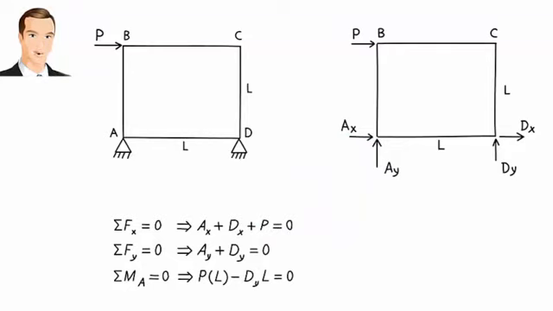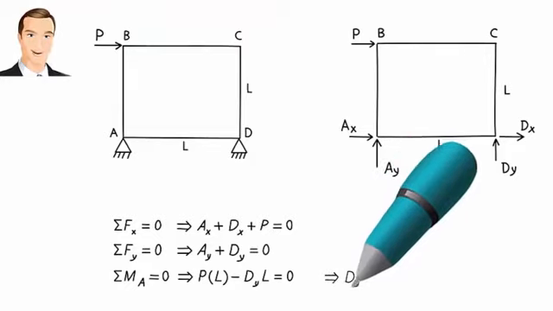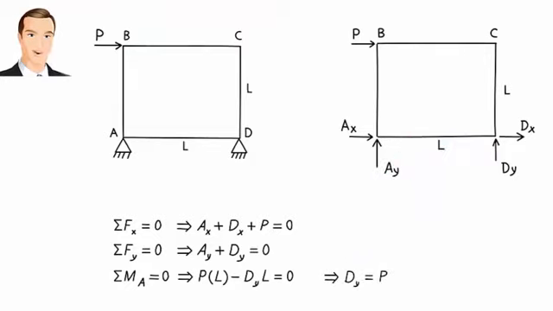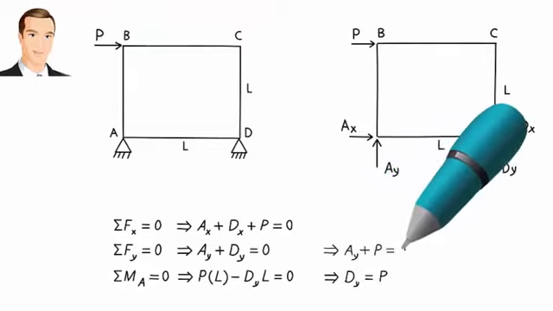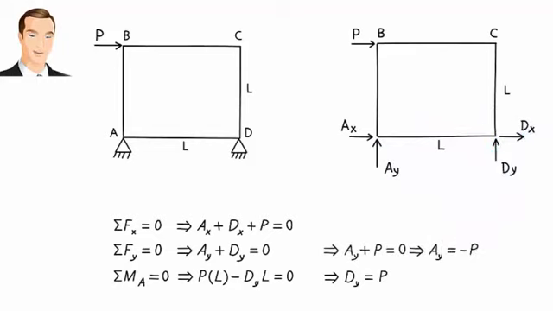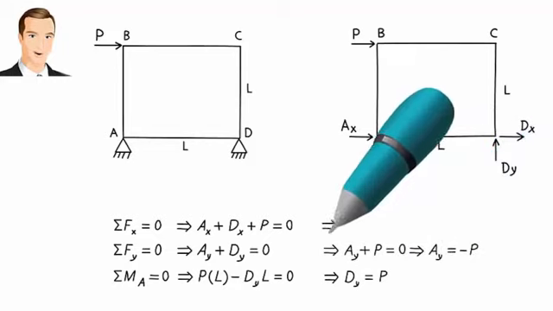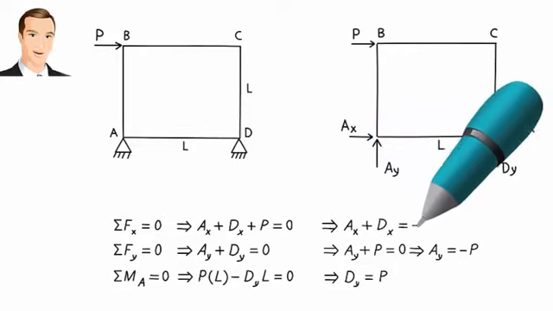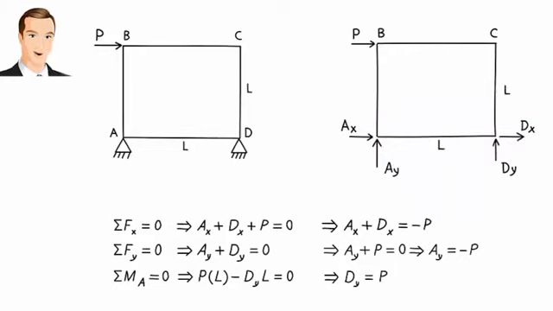The third equation gives dy equals P. Then from the second equation, we can determine ay. Ay equals negative P. And although we cannot solve for ax and dx using the first equation, the equality holds. That is, we can easily find values for ax and dx that add up to negative P. So, are we to conclude that this truss is stable?